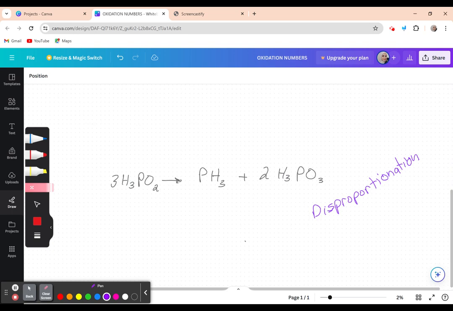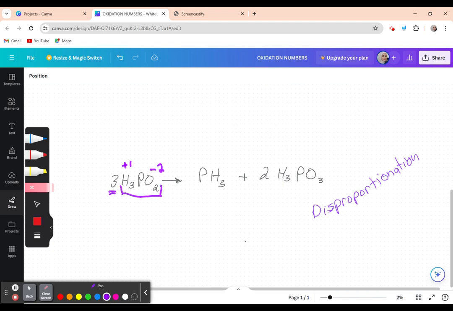This is a disproportionation example. Let's check it. Hydrogen is +1, +1. In PO2, we know that oxygen is -2. Now let's check the phosphorus. Never mind the coefficient number. Just look at the compound itself.